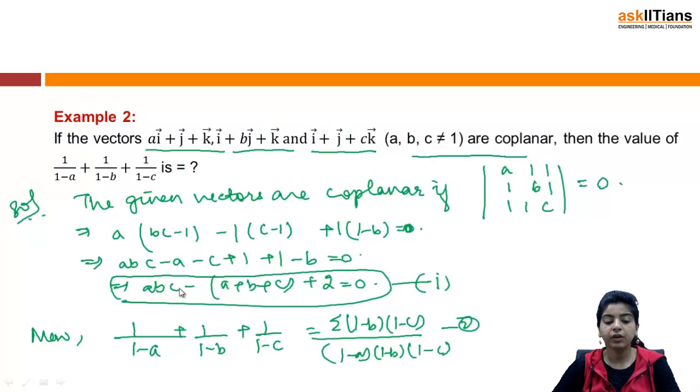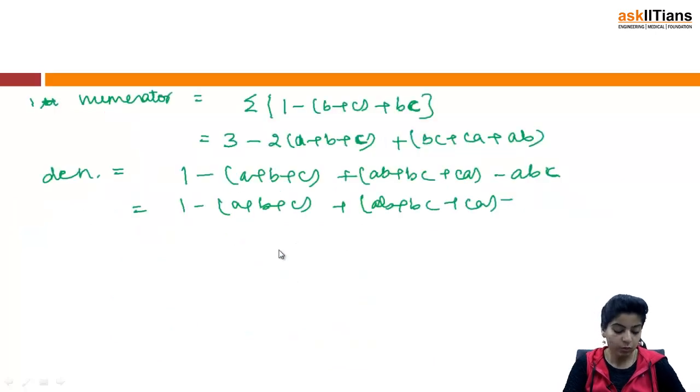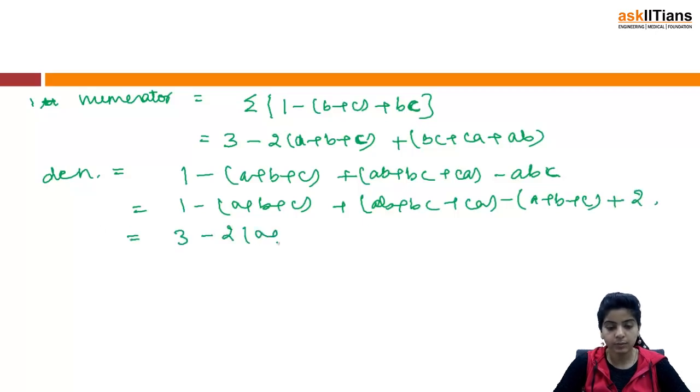You can see we have obtained abc as, abc is equal to a plus b plus c minus 2, right? So we can utilize that value and we get abc would be equal to a plus b plus c plus 2. So this gives me 3 minus twice of a plus b plus c plus ab plus bc plus ca.